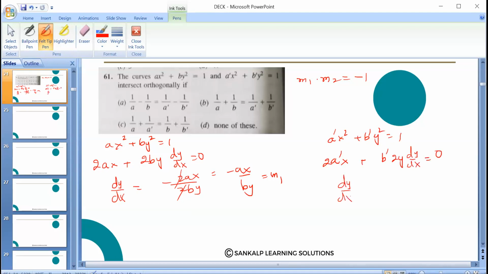So dy by dx will be minus 2a dash x by 2b dash y. 2 and 2 will cancel. This can be taken as M2. What will be the point of intersection?